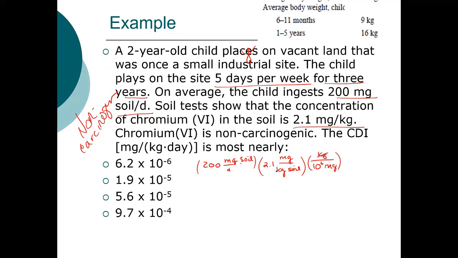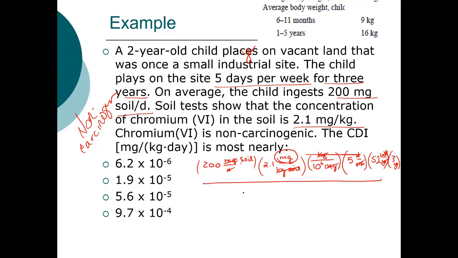So now kilograms cancel, milligrams cancel. The child is playing 5 days per week. We're going to assume 52 weeks per year, and is playing for 3 years. So years cancel, weeks cancel, and days cancel, and we're left with milligrams of Chrome 6.